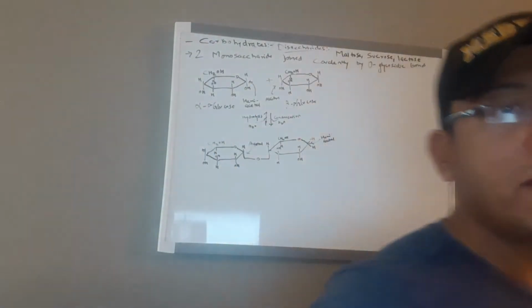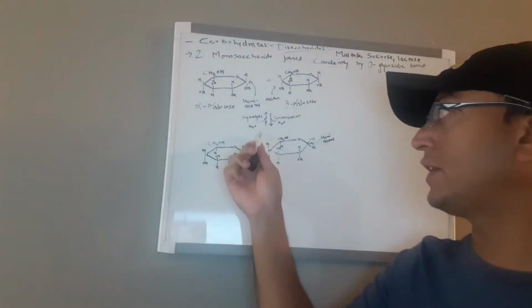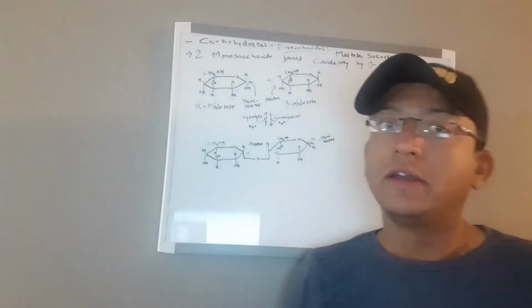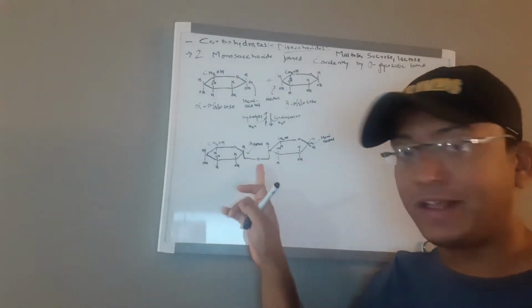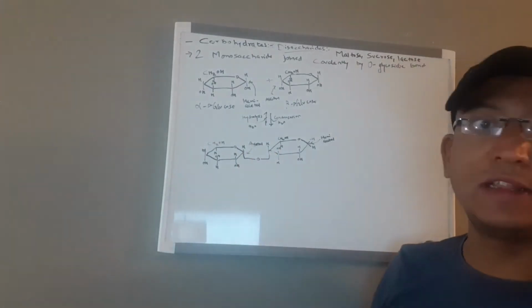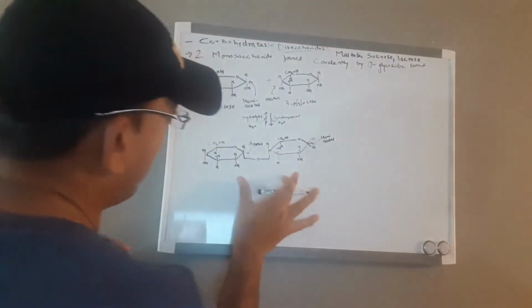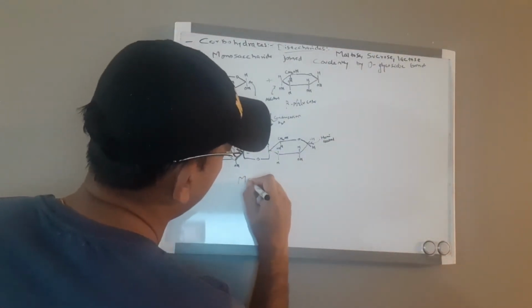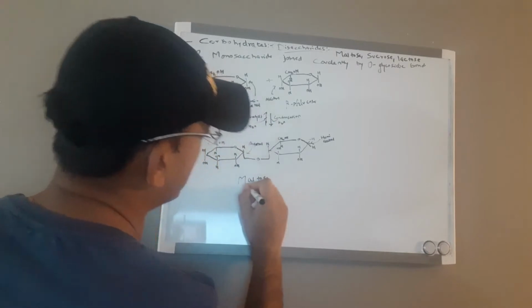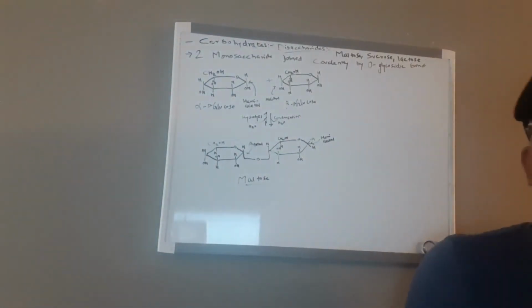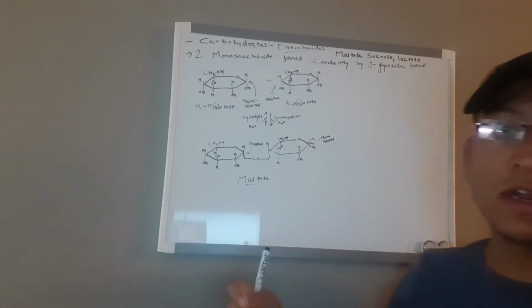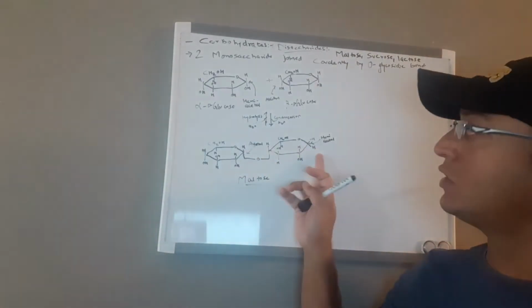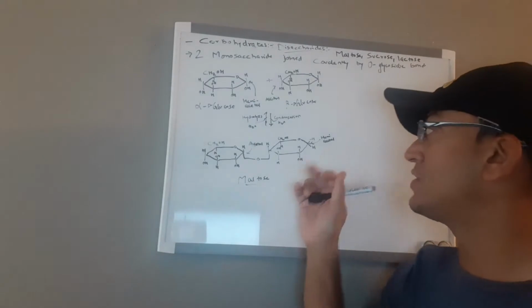The reverse reaction, the hydrolysis, is an attack by H2O on the glycosidic bond here. The disaccharide is maltose, right? This maltose molecule retains a reducing hemiacetal at C1.